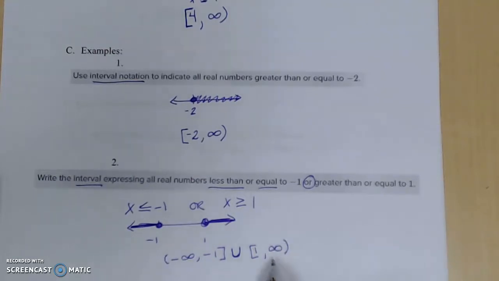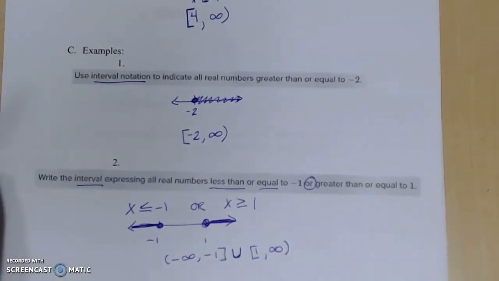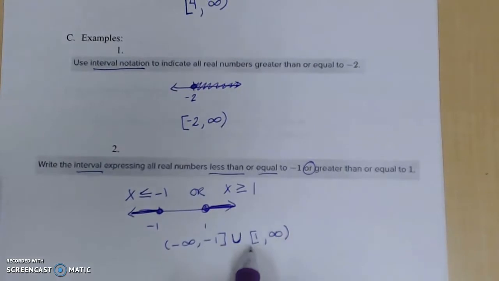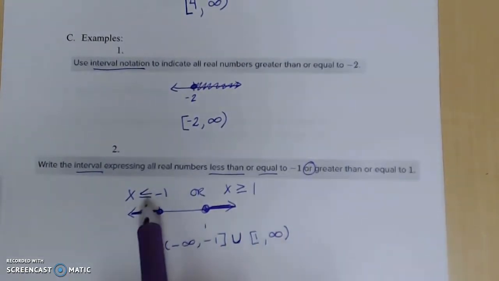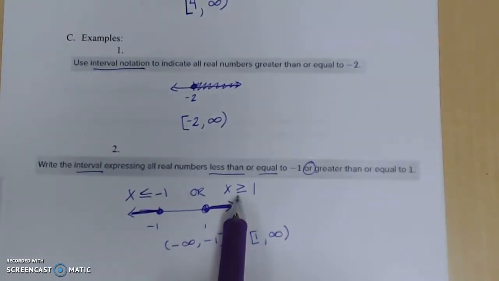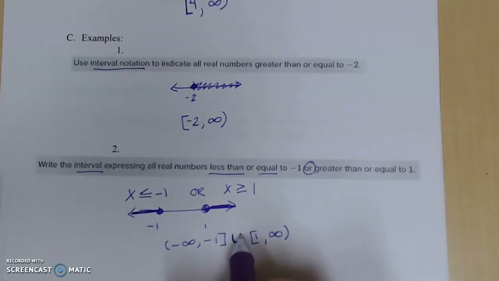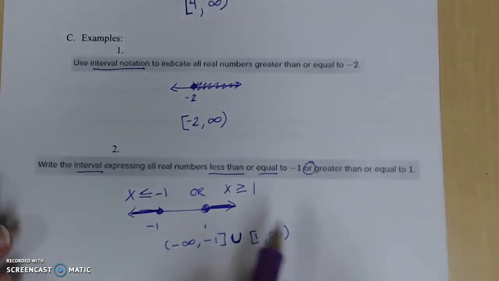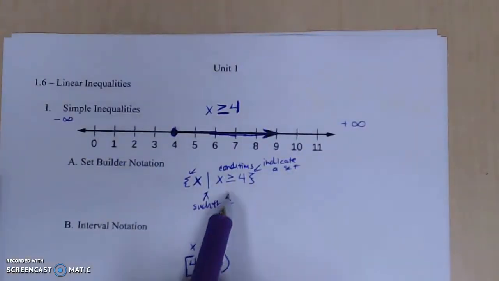Again, we always use parentheses on the infinities, and we always use brackets if we want to include the value. If this had not been equal to on both of these, then I would have used a parentheses. And then when I have more than one interval like this, I do a U to union or marry these two together.